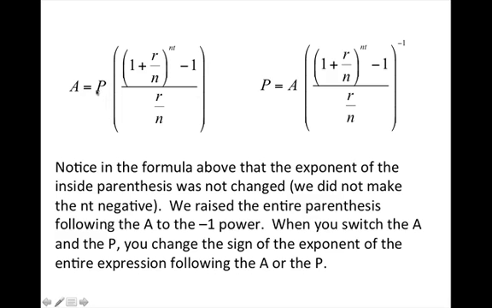This time, if we're solving for P, we're going to divide by the entire large parenthesis. That's why its exponent is what becomes negative, not the nt. The -1 goes to the entire large fraction. So make sure that the nt in this formula is not negative.